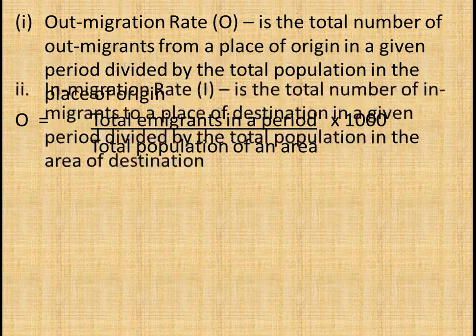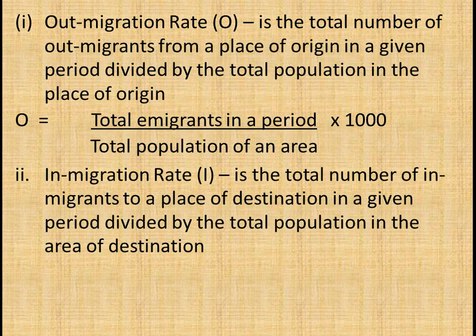The opposite of it is in-migration rate, denoted by the letter I. It is the total number of in-migrants to a place of destination in a given period divided by the total population in the area of destination.